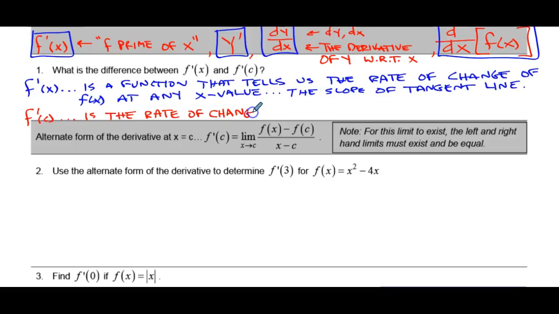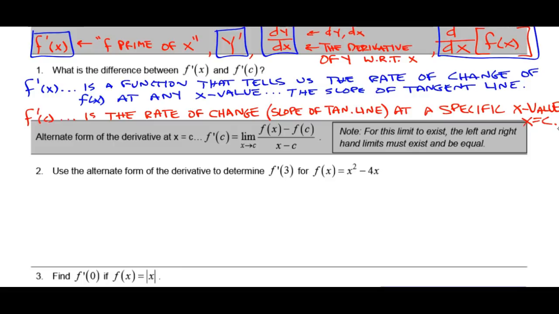And again, remember, rate of change is slope of tangent line at a specific x value. And it's the x value c. Okay, so that's the difference between f prime of x and f prime of c. And it's important for you to recognize that. X is a variable, c is some number that we're interested in.